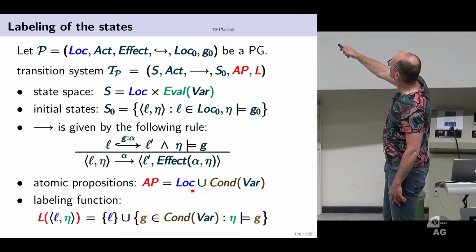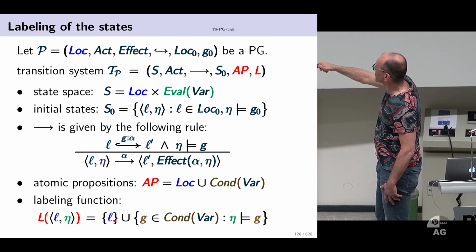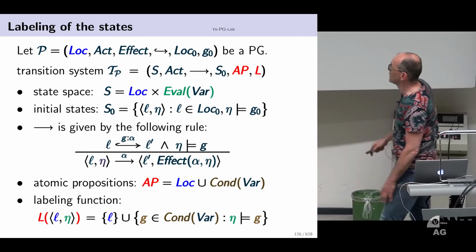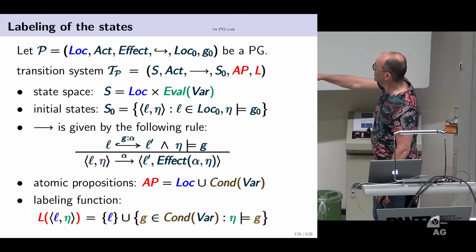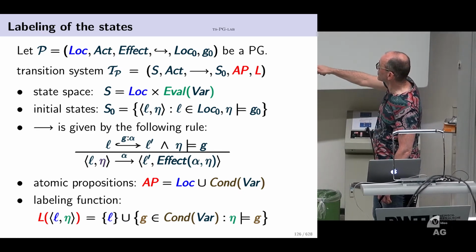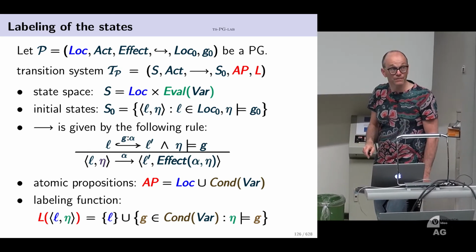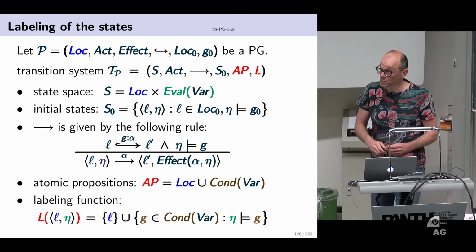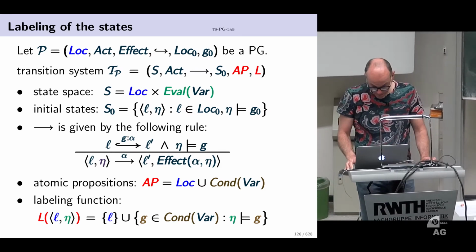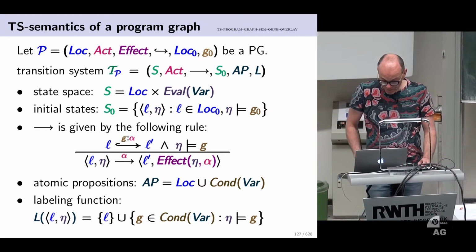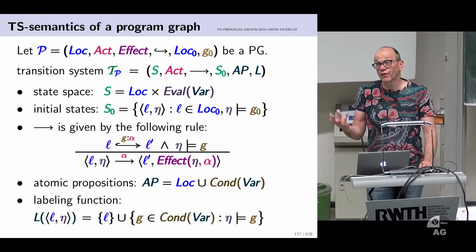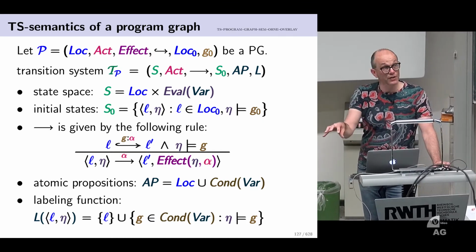In order to say in which location you are, you say this is the location we are in, namely the first component. What do we know about the valuation? We basically can take any conditions such that the current valuation satisfies this condition. Good, and that's it. This defines for every program graph the underlying transition system.